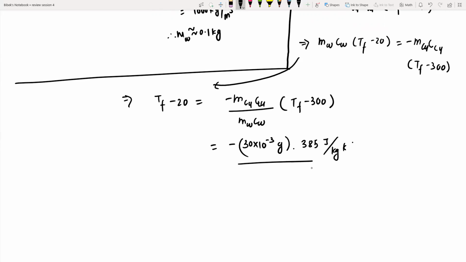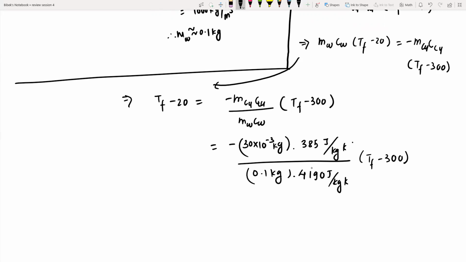That is divided by the mass of the water, which is 0.1 kilograms, times your specific heat capacity for water, which is 4190. Usually it will be given to you in the exam. Joule per kg Kelvin.